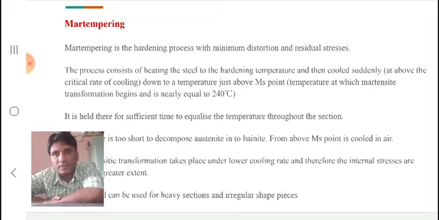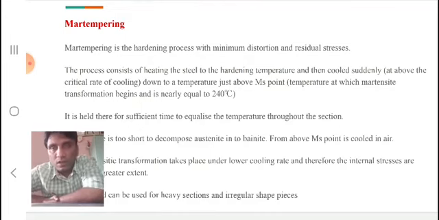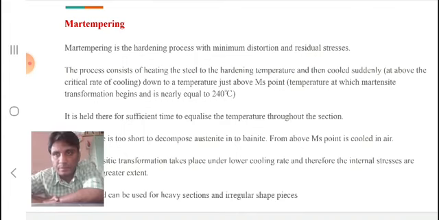So to avoid this, we do tempering. After cooling it, we again heat it to some 150 or 250 degrees centigrade, to eliminate the residual stresses and distortions in the structure, components, and dimensions.